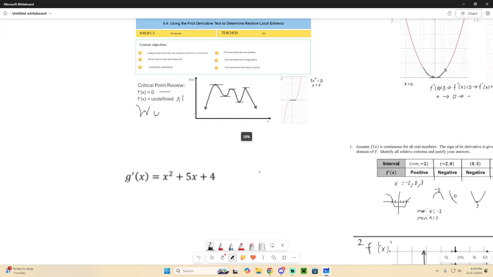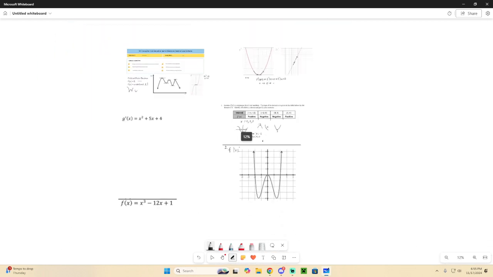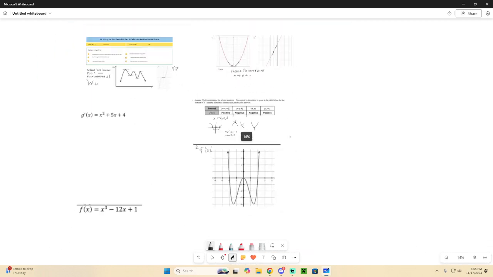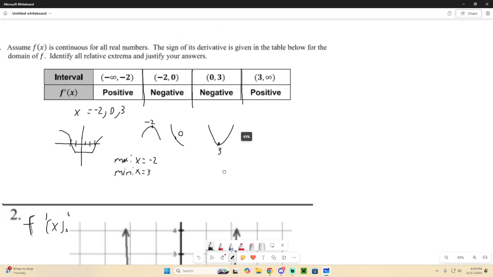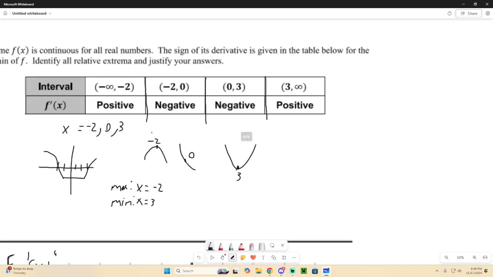So let's go to our justification statements for a minute. I don't think I have it on here. But to prove that something is a local maxima, we just have to say that f prime of x changes signs. Here, I'll just type it. To prove that something is a local maxima, as we can see, the sign changed from positive to negative, so we just say f prime of x changes signs from positive to negative.